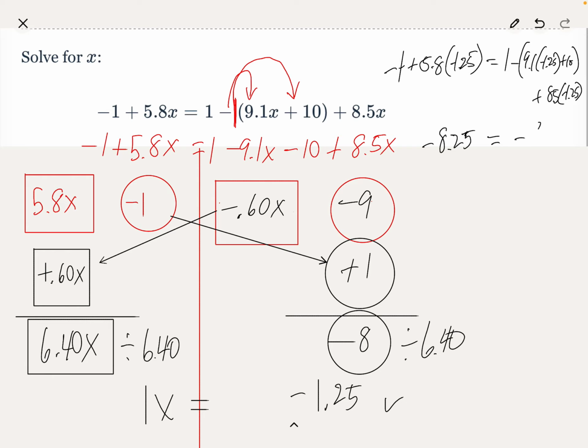And on this side, I also get a negative 8.25.